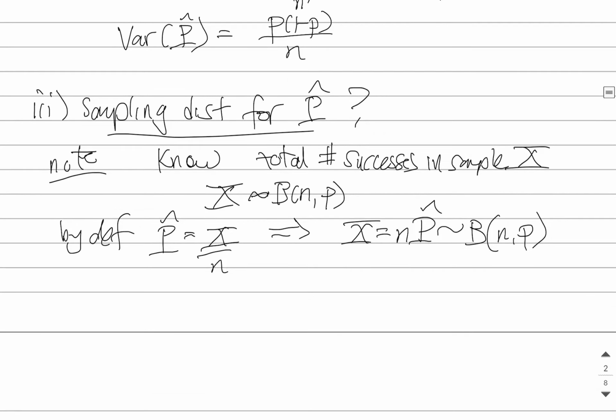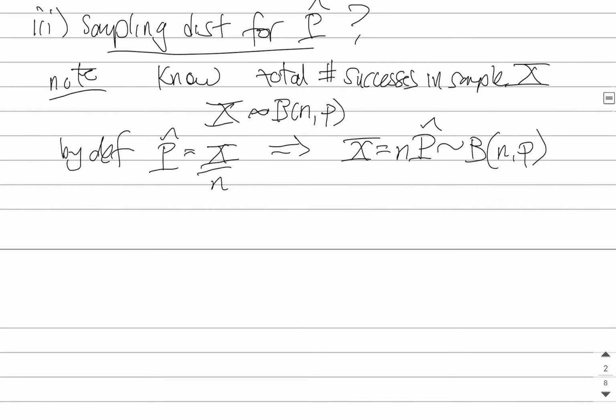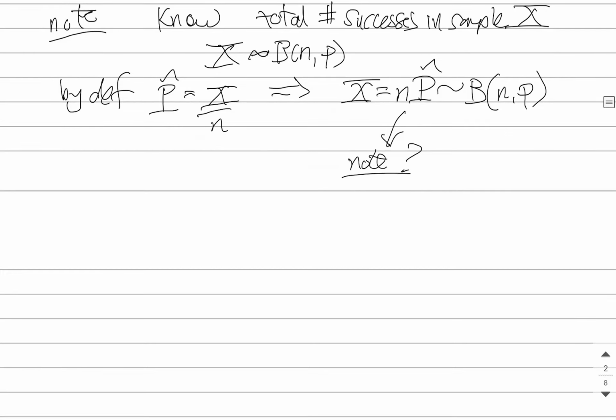Now, this might look a little strange to you. You might say, well, what's the distribution for p hat? It's not so straightforward to determine, but with a little bit of thought, you can understand why the result is going to be the way it is here. What I mean by that is, if X represents the total number of successes in our sample, it goes from 0 to n, and at the same time, p hat is just X divided by n.